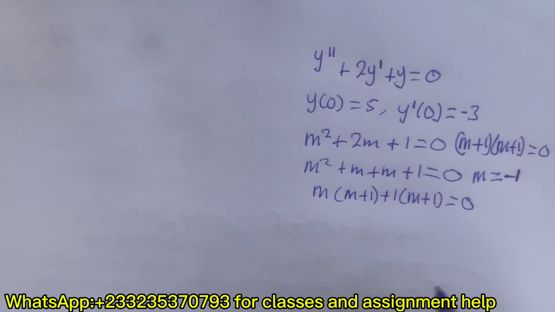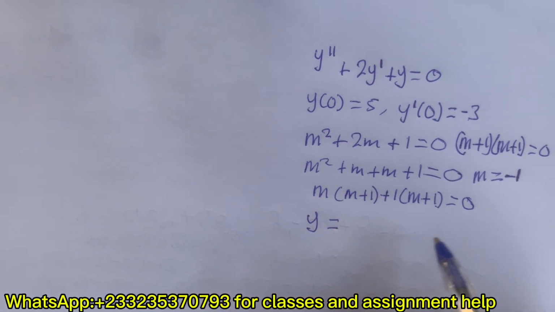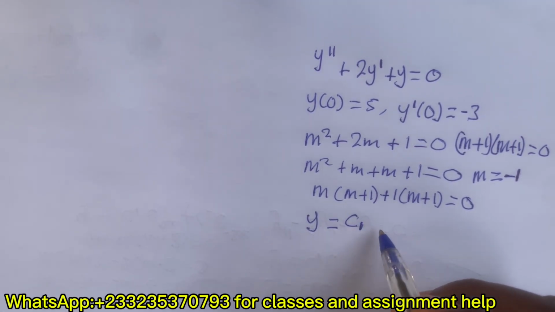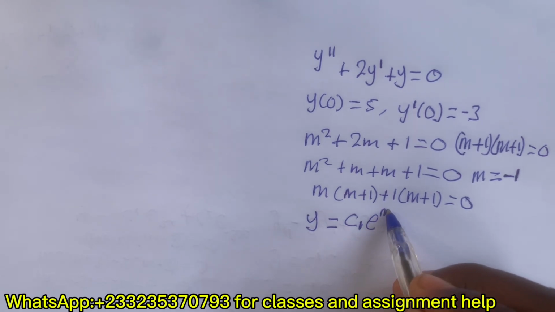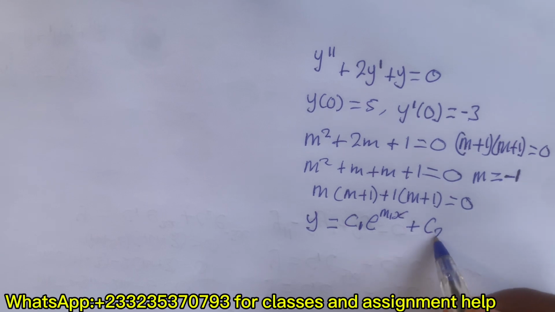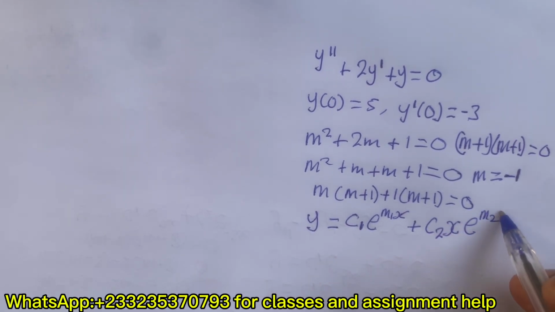So the general solution of this linear homogeneous second order ordinary differential equation with constant coefficients, whose characteristic equation has repeated real roots, is given by c1 times e power m1 x plus c2 times x times e power m2 x.